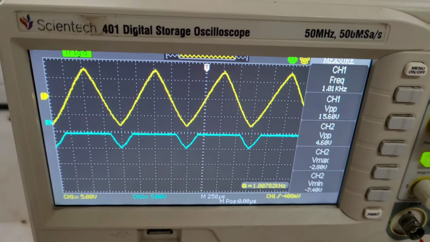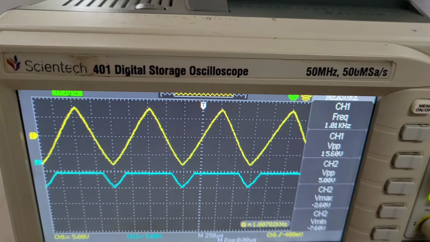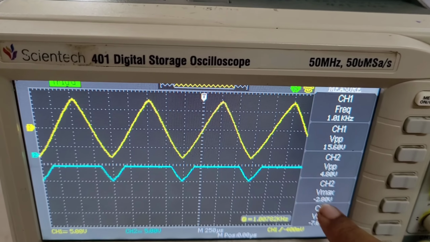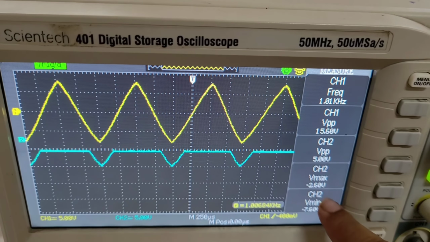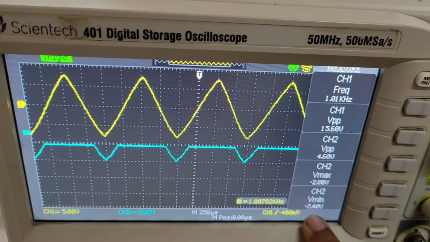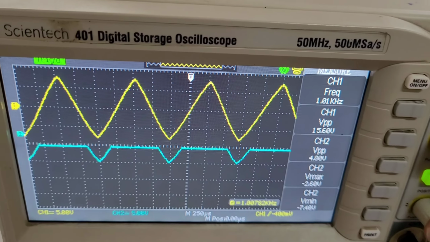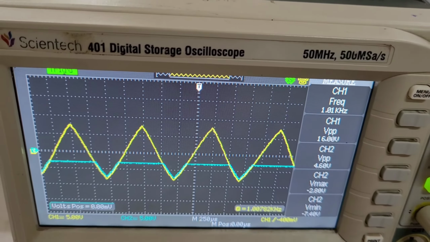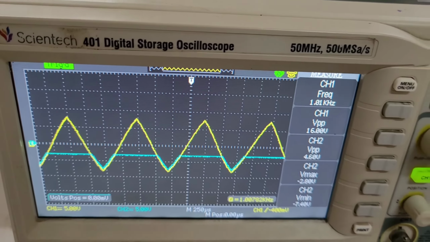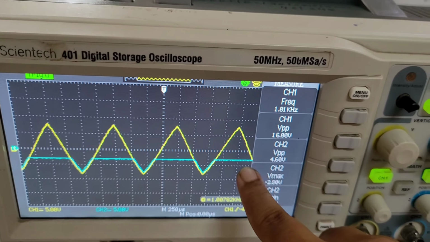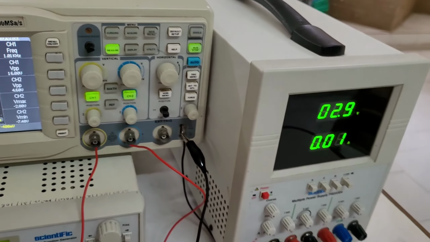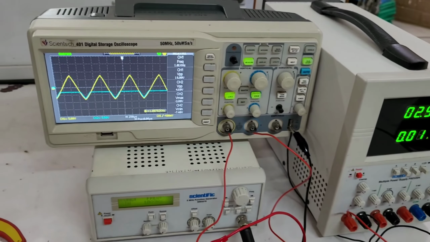As you can see, the V maximum of the output is negative, approximately -2.8, and the V minimum of output is -7.4. So in this way, this circuit is clipping the positive portion up to the negative bias, which we have kept around 2.8.